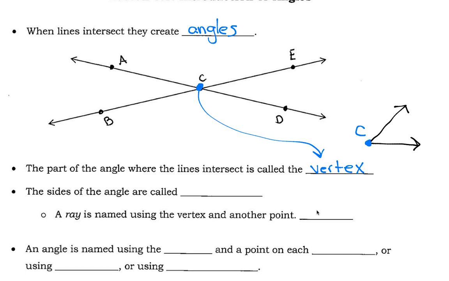The sides of the angle are called rays because they start at one spot and then they go on forever in the other direction, like a sun ray. Starts at its source and then it goes on forever. So it would start at C and then it would go through E. Or it would start at C and it would go through D.